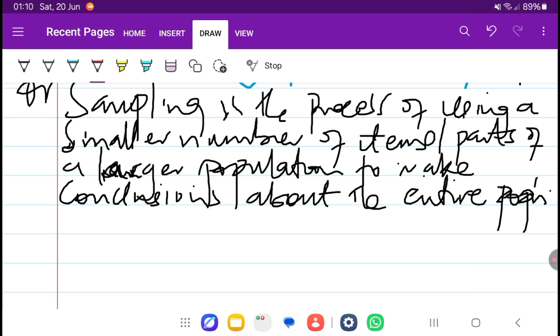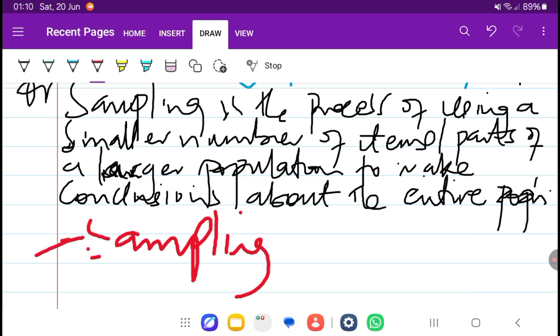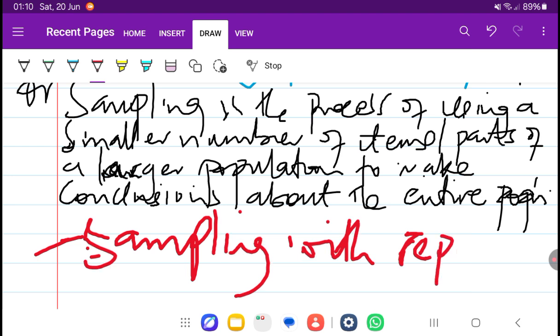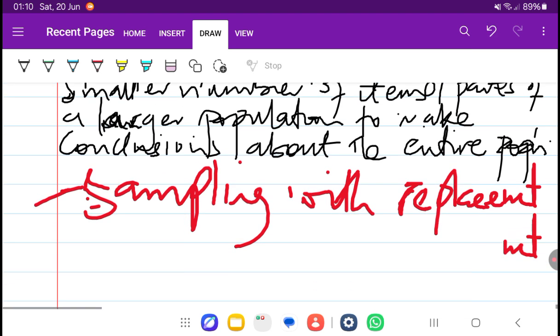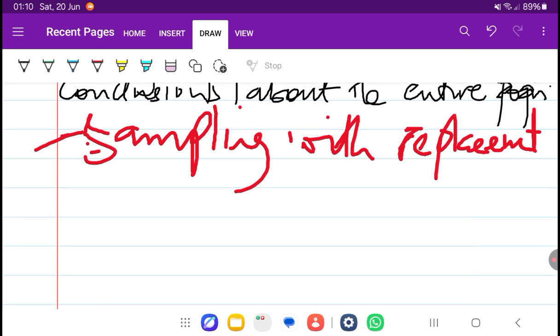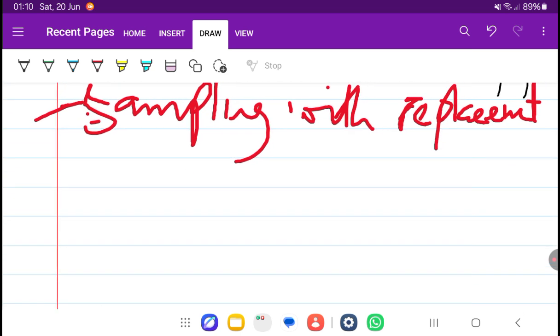We can have sampling with replacement, whereby a given member of the population can be selected more than once.